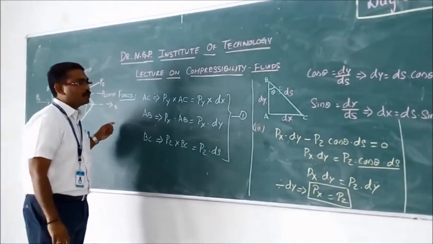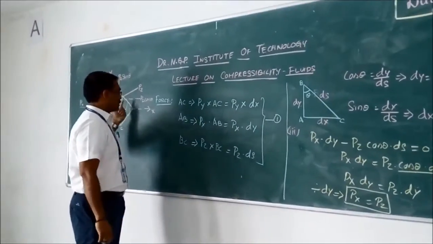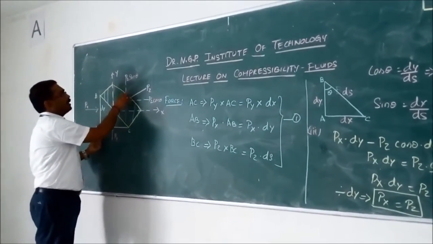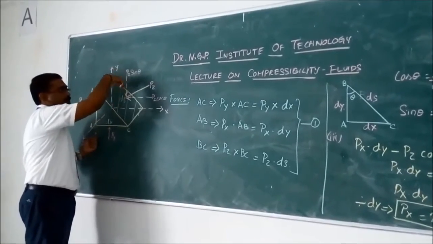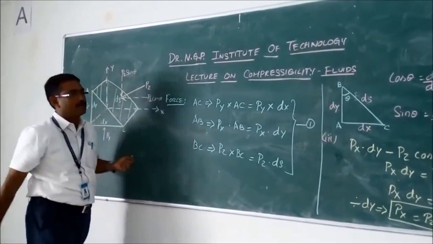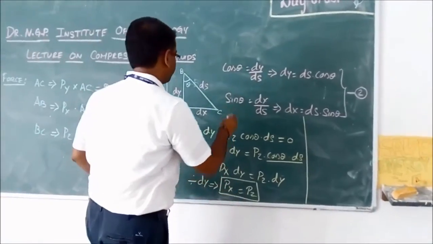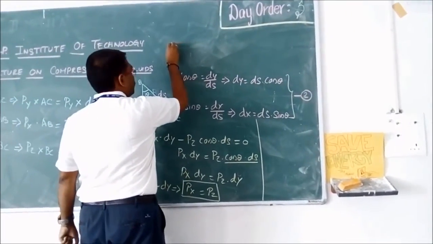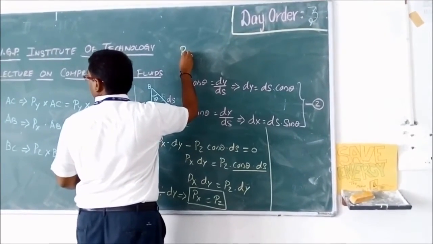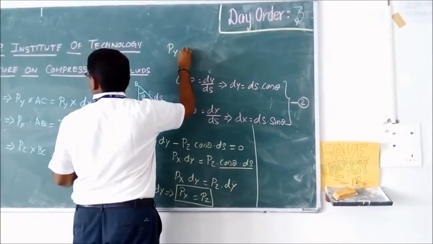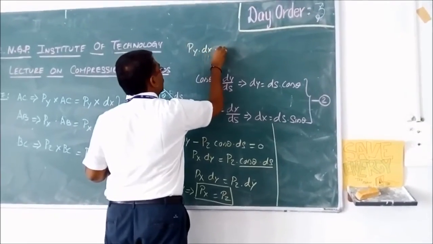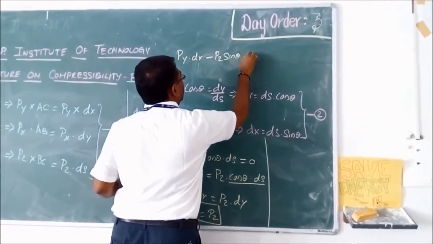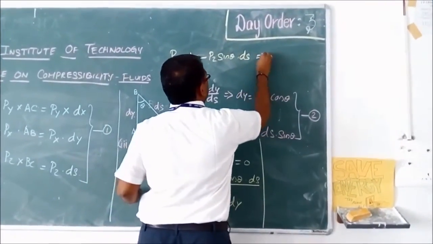I am trying to write all the force components in the y direction. That is Py into dx is one force component and Pz sin theta into ds, that is acting in the negative direction, is my second component. So I am writing the equation. Py into dx minus Pz sin theta into ds is equal to 0.